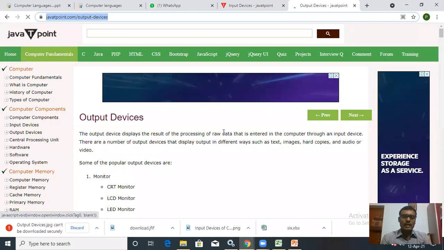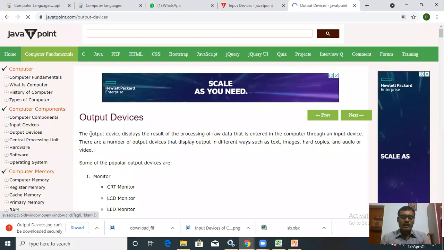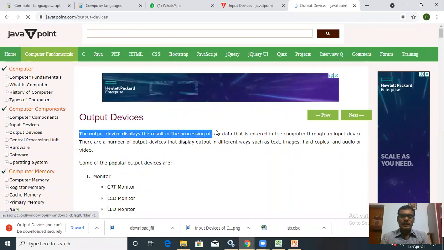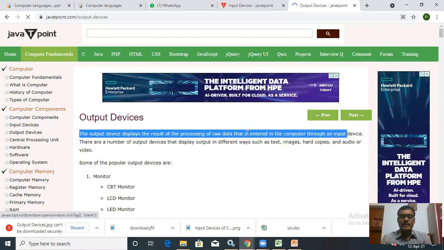You can also say the output device displays the result of the processing of raw data that is entered into the computer through an input device.